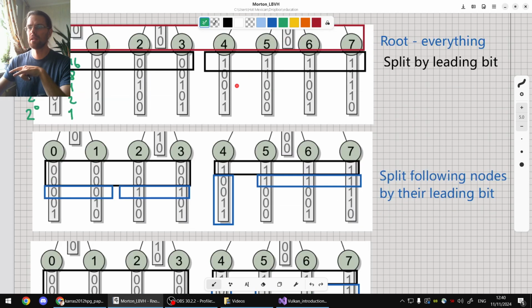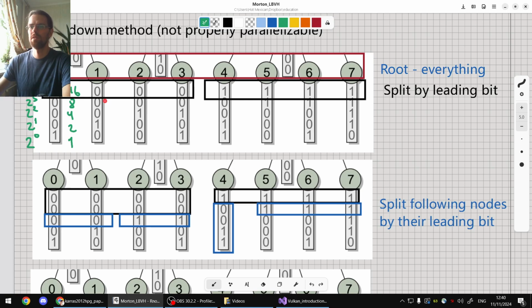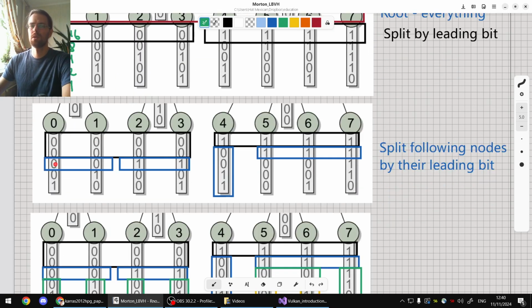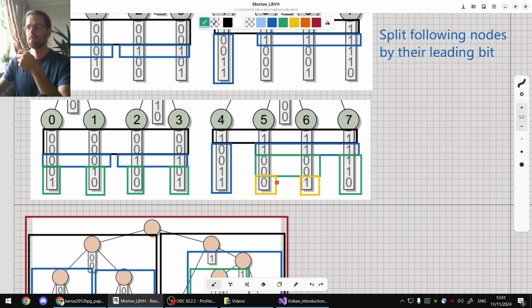Then we repeat this for each child node. Where the bits are the same, we can just include that in our first subdivision and work on the next level. We repeat the same procedure where the two numbers differ, and we get this particular structure.